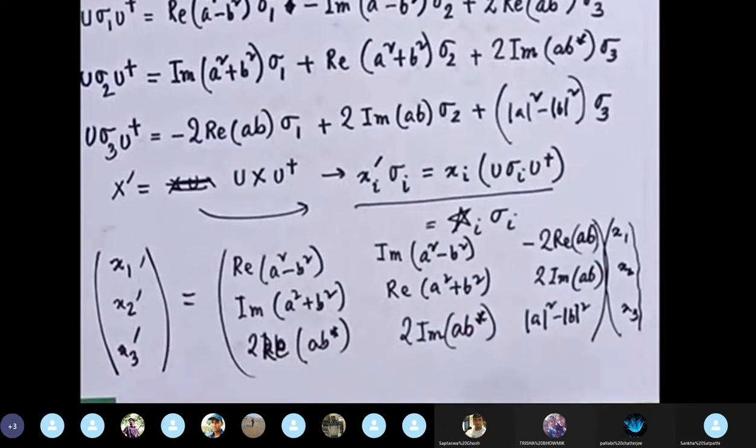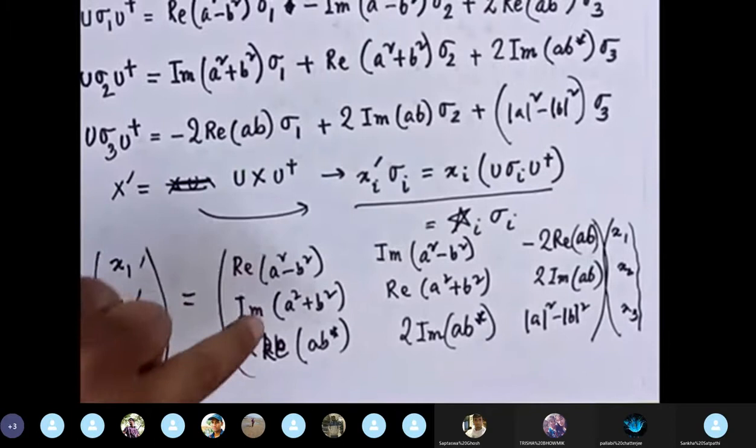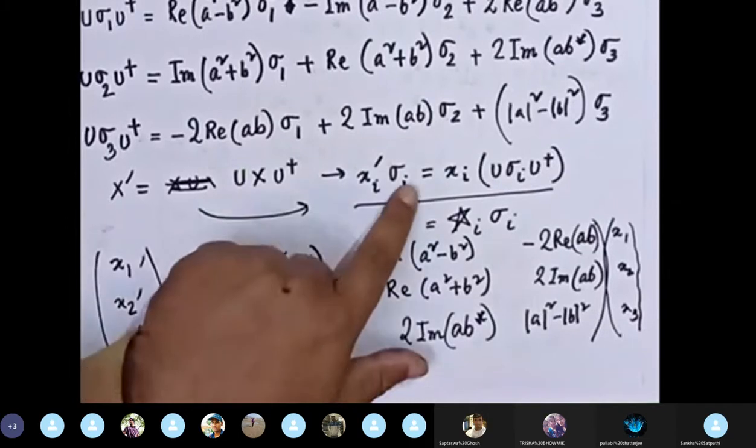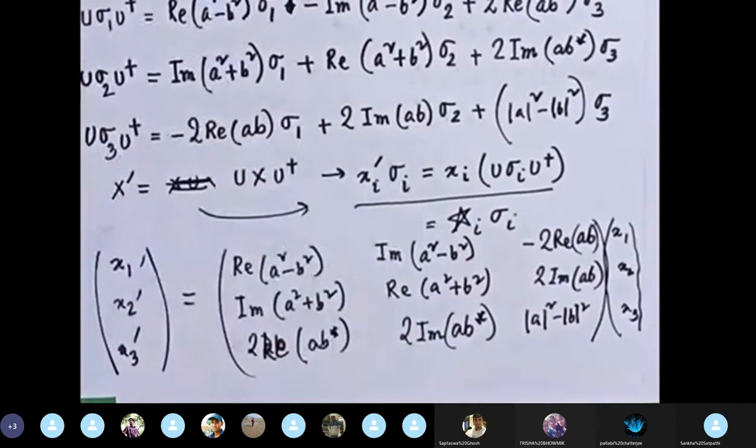This matrix obviously should be an SO3 matrix, a 3x3 rotation matrix, but written in terms of elements of SU2. A, B are elements of a particular SU2 matrix. Is this clear? If you use this relation and use this, you will get this.